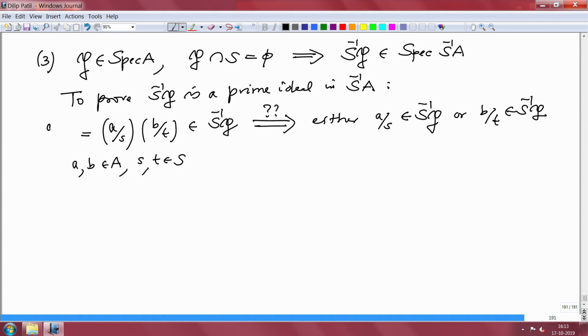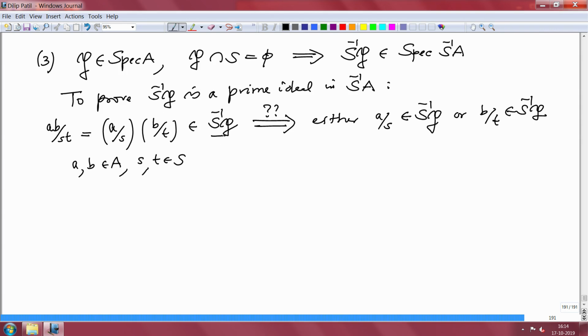By definition it is AB by ST. And what does it mean to belong to S inverse P? That means the numerator is in P and the denominator is in S.